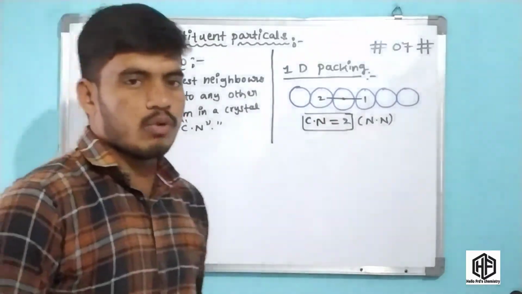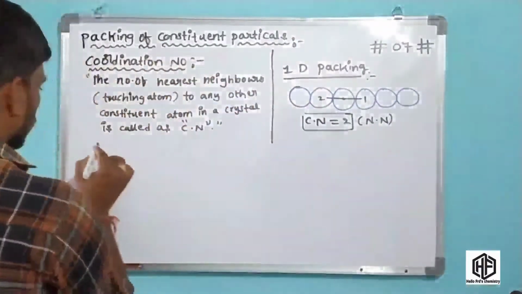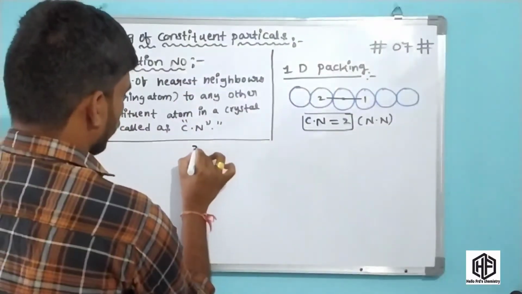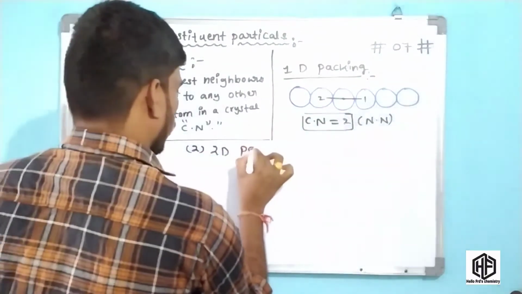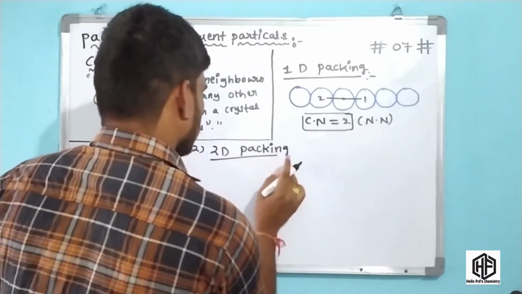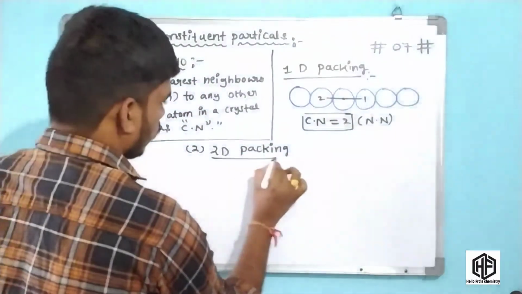Now we have to talk about the two-dimensional close packing of constituent particles. Friends, this is very important. Two-dimensional close packing is of two types.